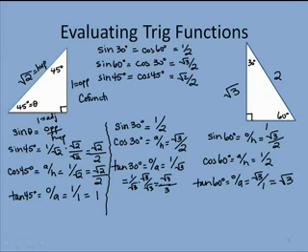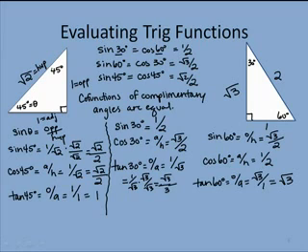Cofunctions of complementary angles are equal. Sine and cosine are cofunctions, and the complementary angles are the 30 degrees and the 60 degrees. Those add up to 90, so they're complementary. And same with the 45 and 45. Those add up to 90 degrees and they're complementary.